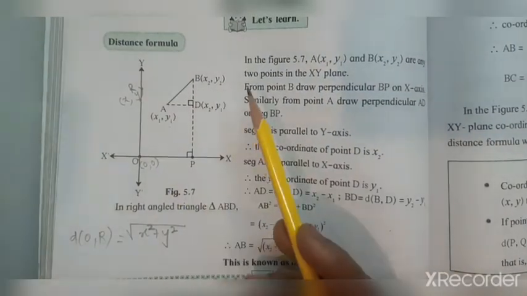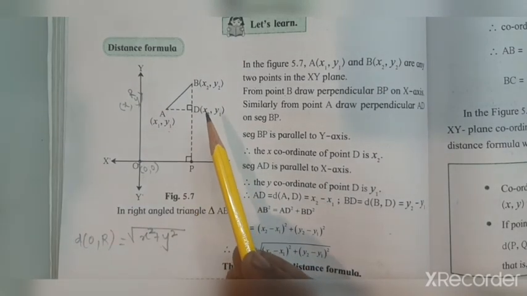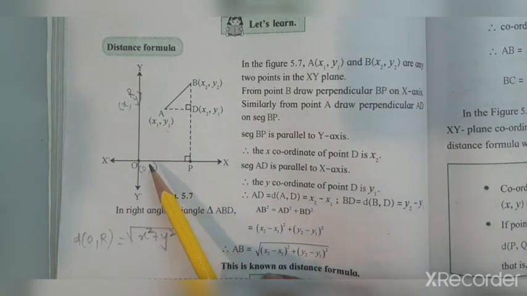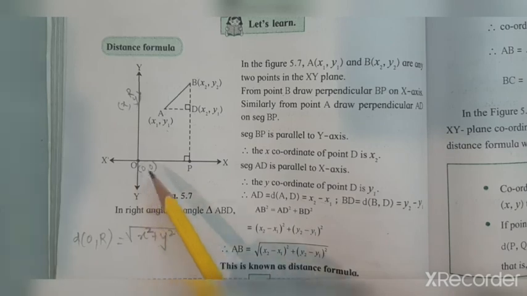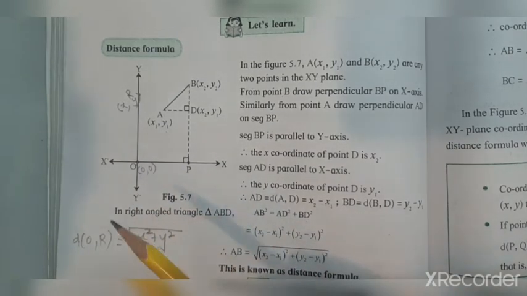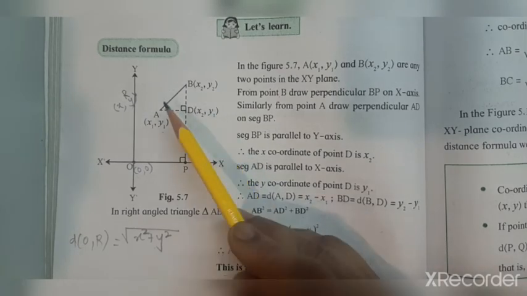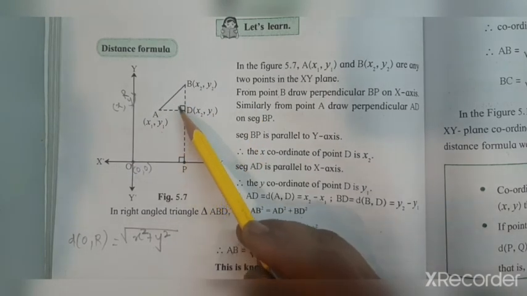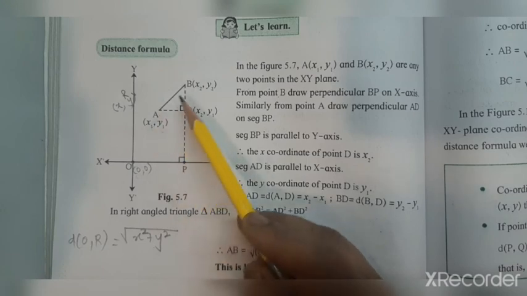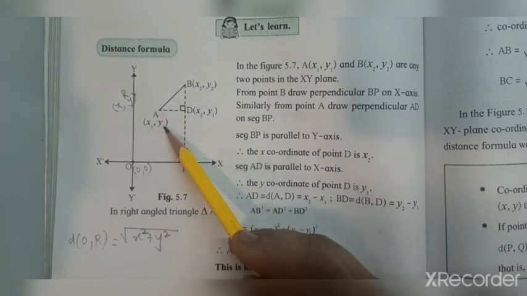And then we studied the distance formula for any segment in the xy plane: the distance AB is equal to square root of (x2 minus x1) the whole square plus (y2 minus y1) the whole square.